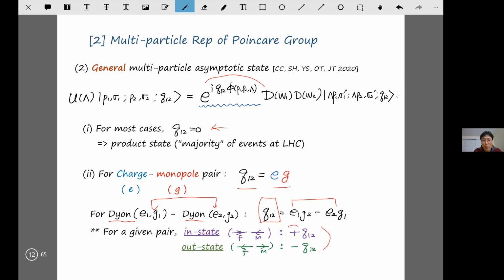On the other hand, when two particles are receding from each other, meaning going away from each other, like in the out state, then the phase comes with a minus sign. I'm just mentioning the fact, but if you want to know the actual argument for why this is the case, you can have a look at our paper, or I can discuss after the talk if you're interested in it.